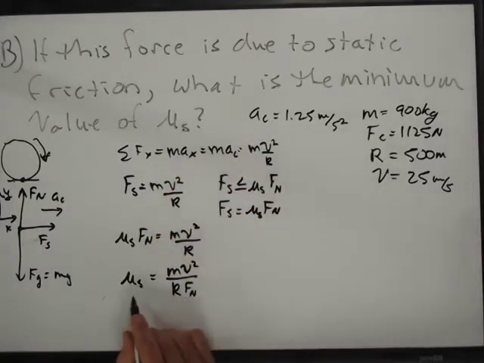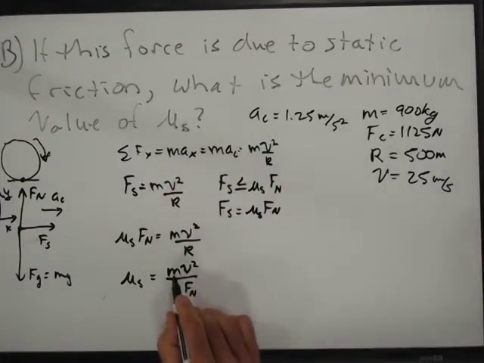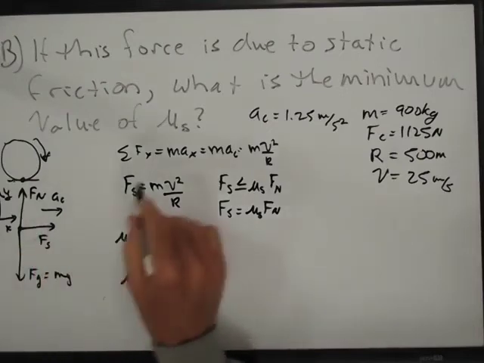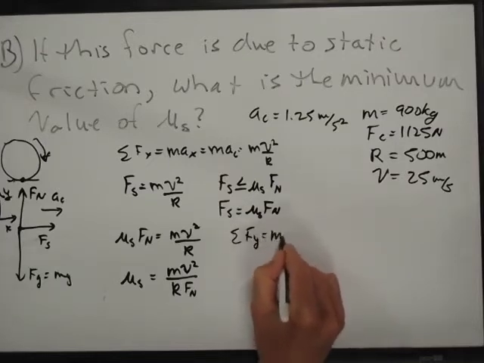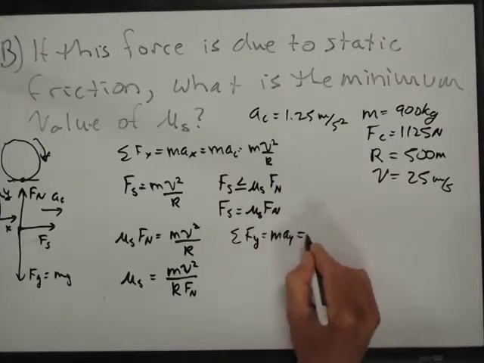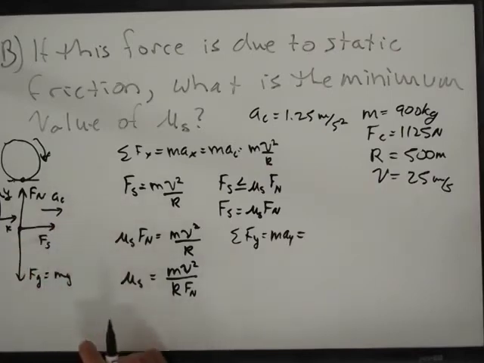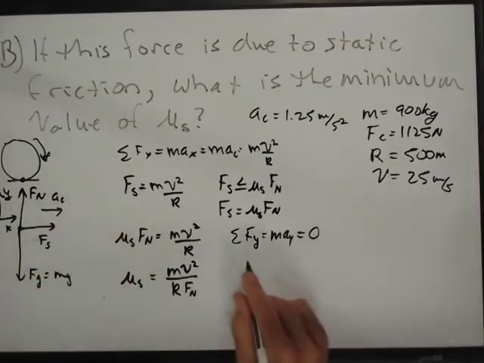They're asking us what the value of this is. Well, we know m, we know v squared, and we know r, but we don't know the normal force. So we have to go back to the sum of the forces in the y direction, which equals ma sub y. What is the sum of the forces in the y direction? Can you pause that and tell me? It's 0.